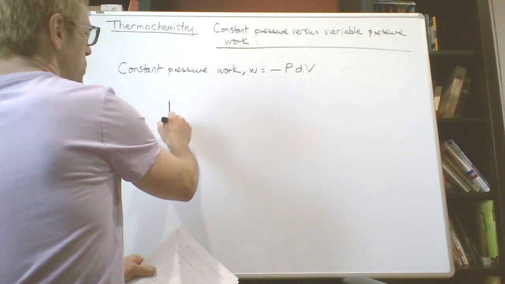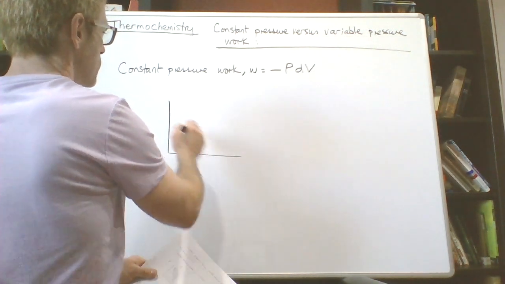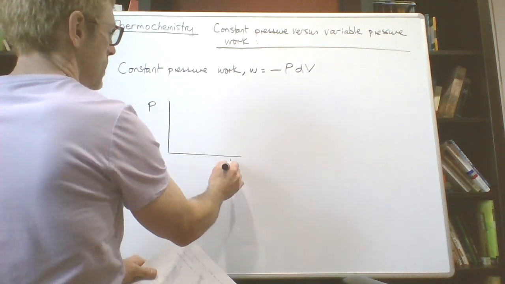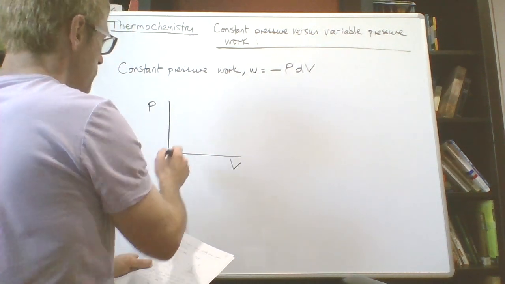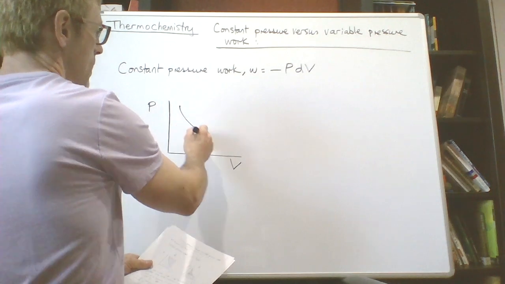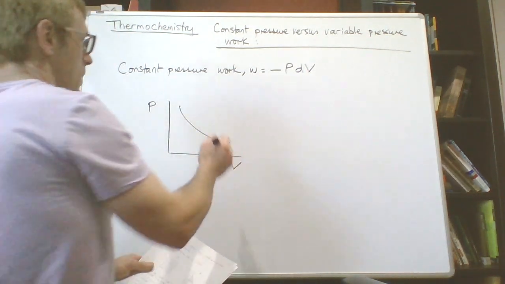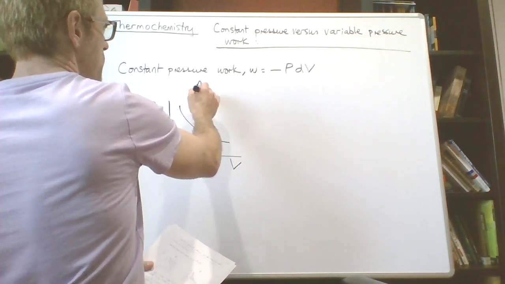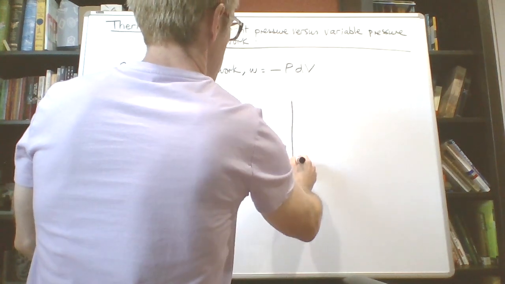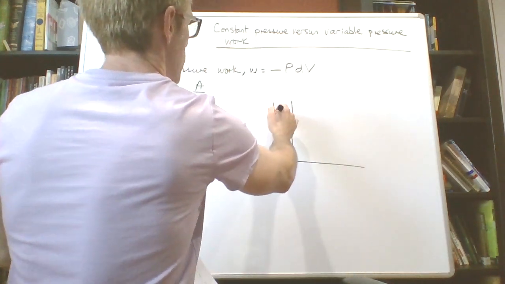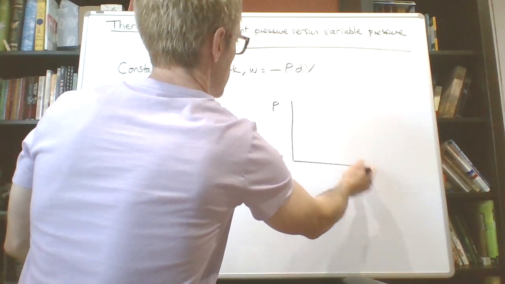If we look at plots of pressure and volume, so pressure against volume, let's call this A. Let's do it again. Plot of pressure against volume.